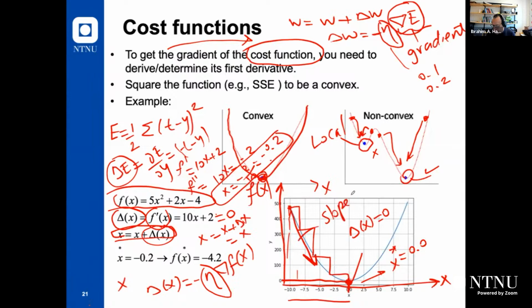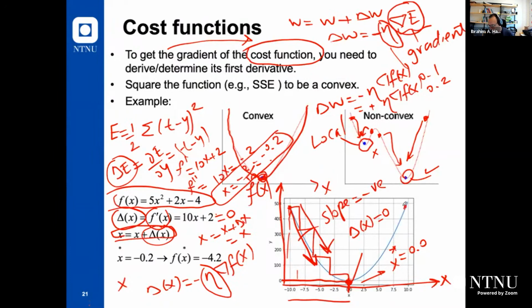So delta omega will be minus eta multiplied by the gradient. So it will be negative times negative, so it will be plus. So delta omega will be positive, and if your x value is negative, the new value will be the current value plus a positive value. So we will move in that direction.